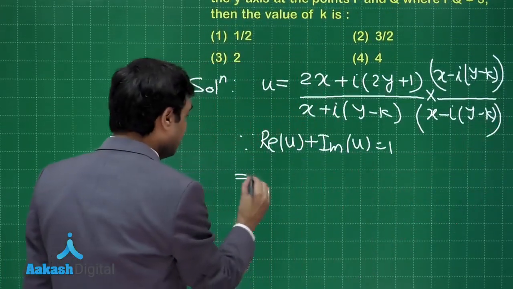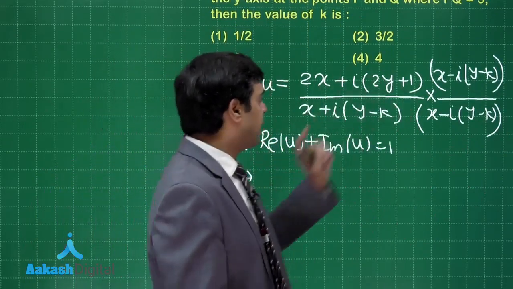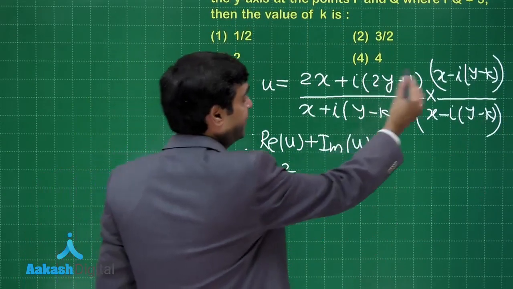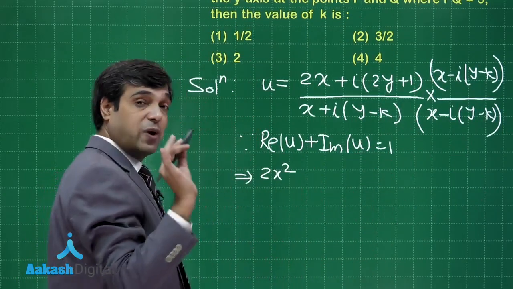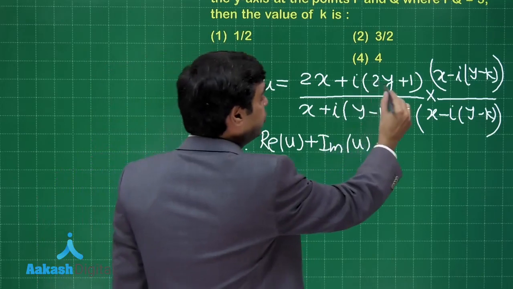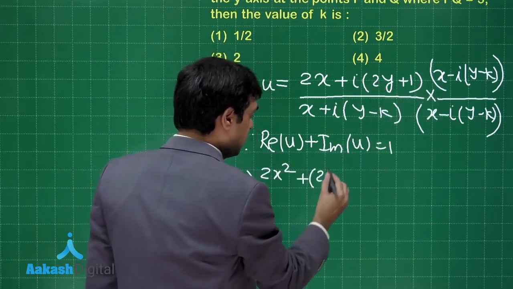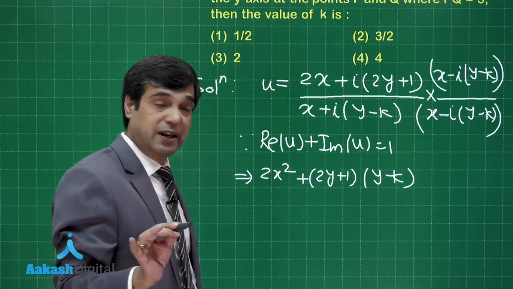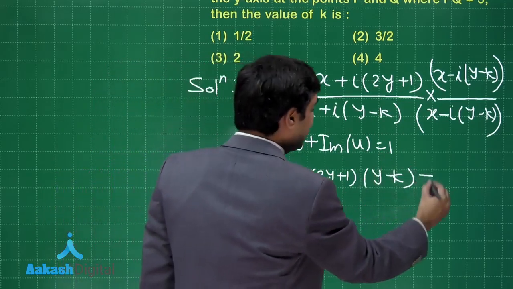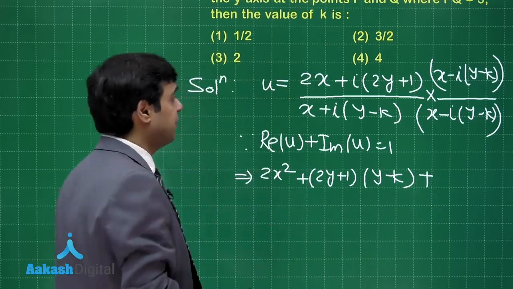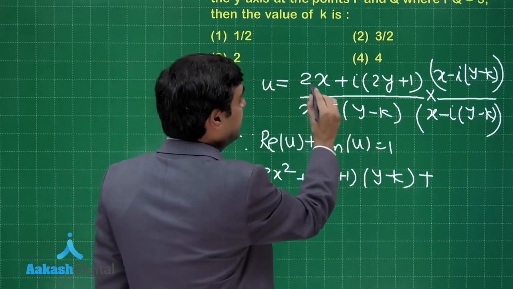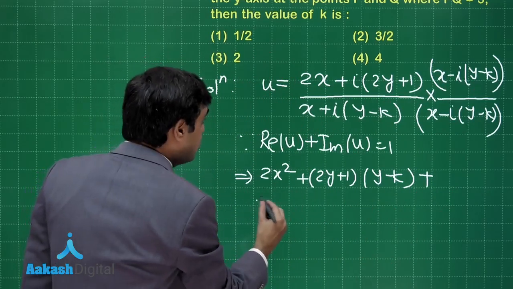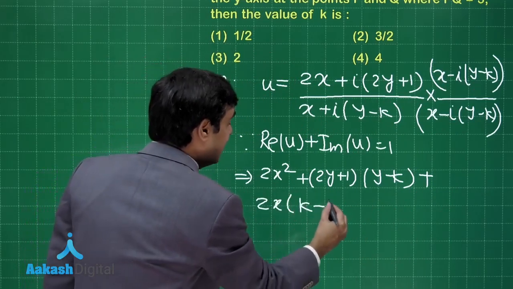Here we can see the real part is coming as 2x square. Next, the real part will come when these two are multiplied, so minus i square making it plus 1, then (2y plus 1) into (y minus k). This is clear. Next, the imaginary part, the denominator will also be there, we will write it later. The imaginary part will be this term multiplied with 2x, so this is 2x multiplied with, say, (k minus y).